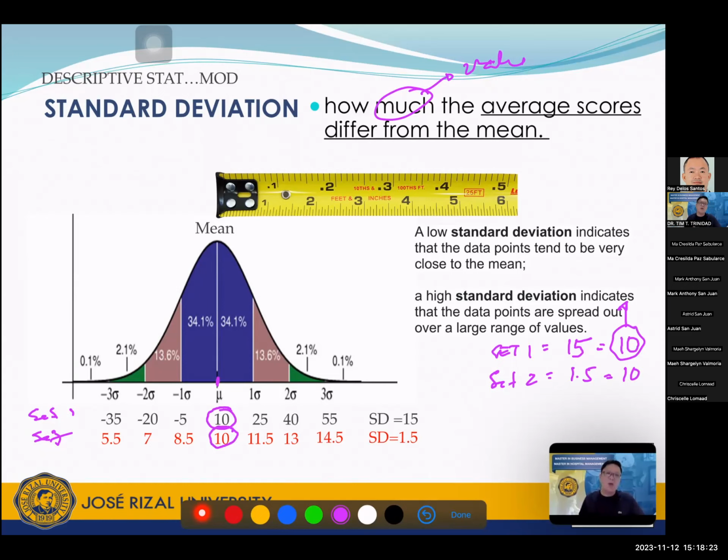So how are you going to calibrate your scale? For set 1, you calibrate your scale using your standard deviation of 15. So 10 plus 15 equals 25.